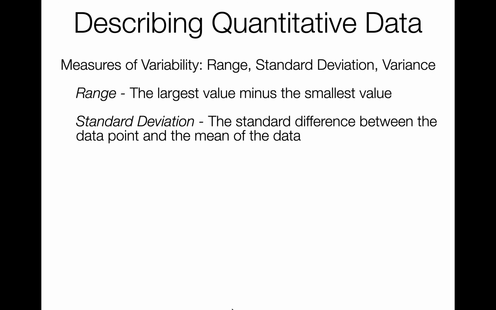The two that we're going to focus on, and it's really just one at the moment, are standard deviation and variance. The standard deviation is the standard difference between the data point and the mean of the data. What does that mean?